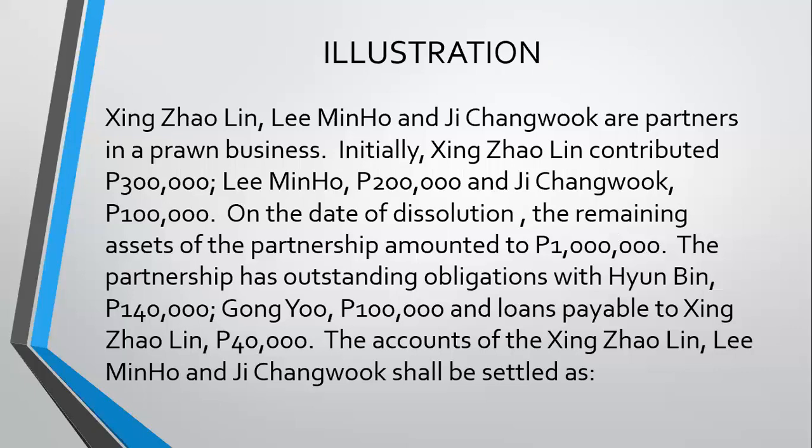So that is the remaining asset. Let us assume that 1 million is cash, no? So the partnership has outstanding obligation with Yunbin 140,000 and Gungyo 100,000, and loans payable to Sing Shaolin for 40,000. The accounts of Sing Shaolin, Li Minho, and Ji Changwok shall be settled as follows.